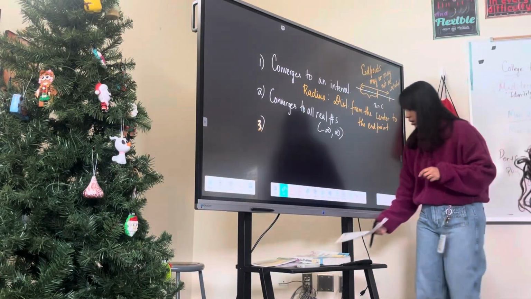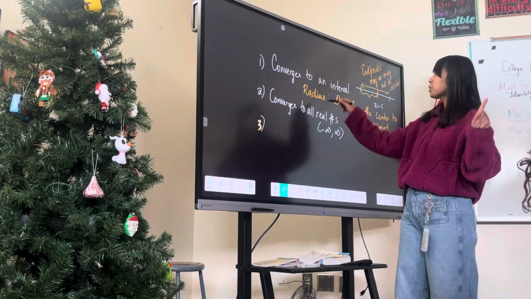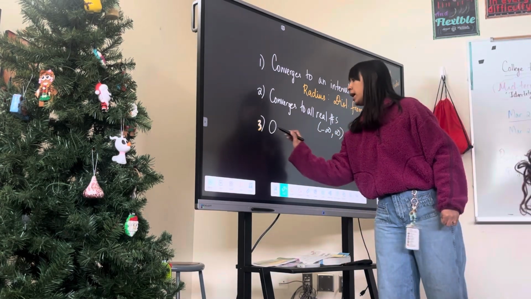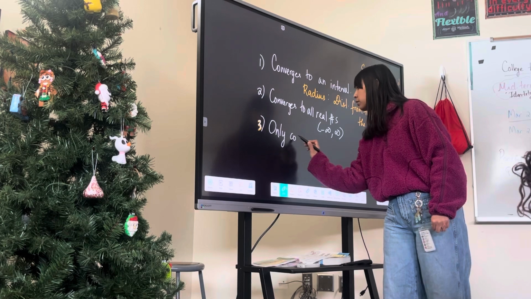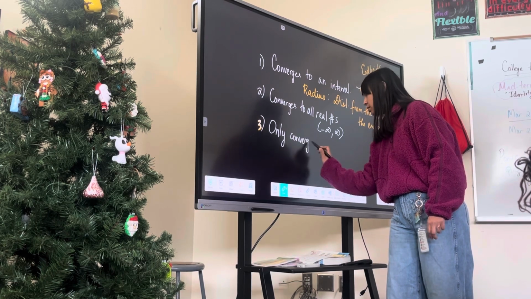Okay. It could converge to an interval, it could converge to all real numbers. And the last option is it only converges to the center.